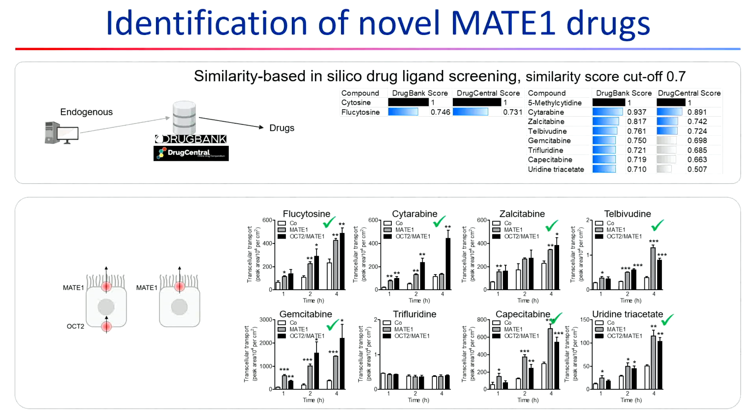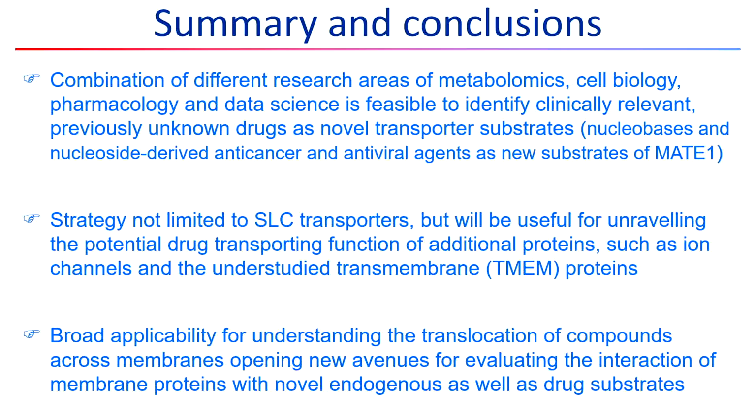And again, for almost all of them that had been predicted as novel drugs for MATE1, we could identify compound transport into the luminal compartment. So the transcellular transport was confirmed for 7 of those, but not for this compound here.